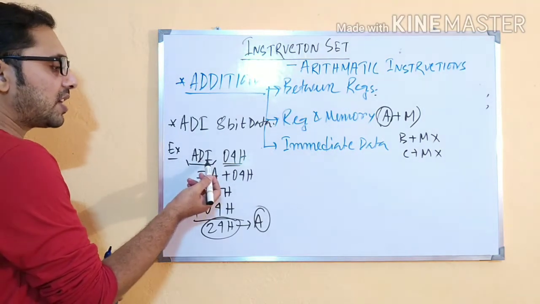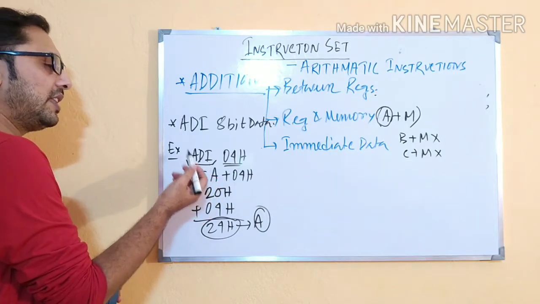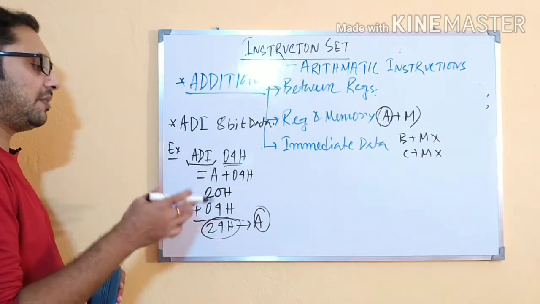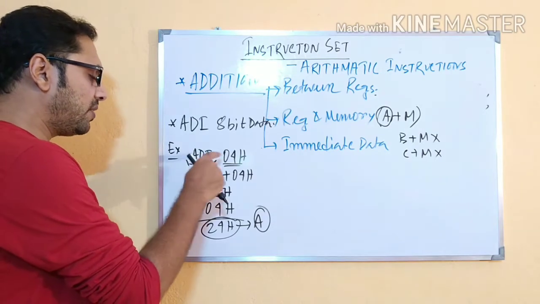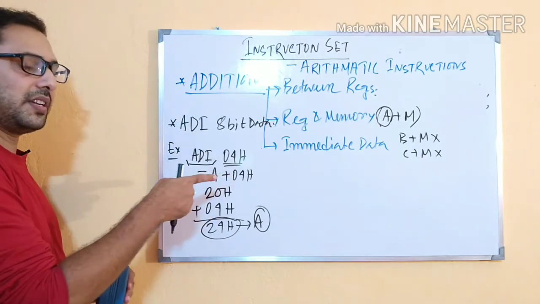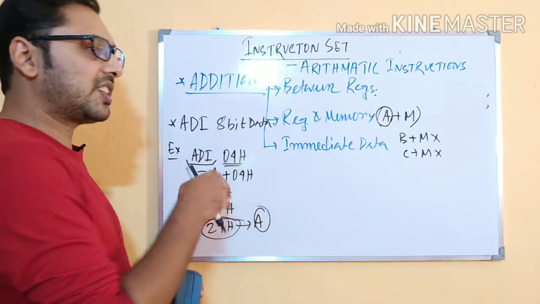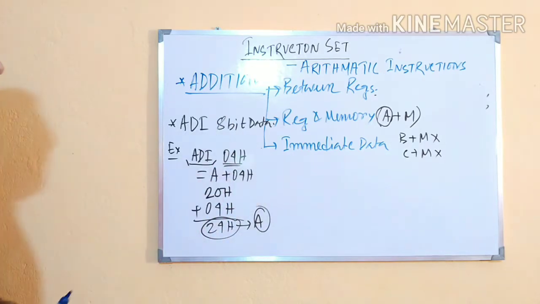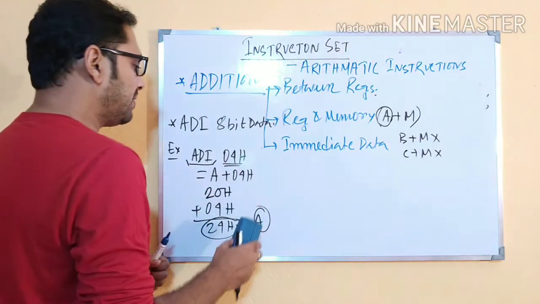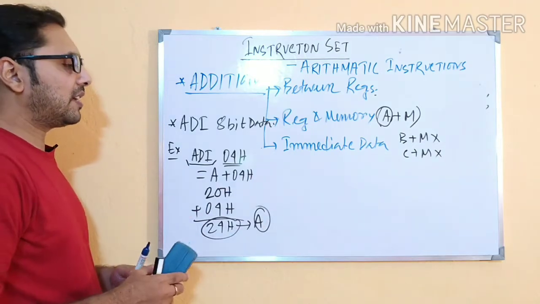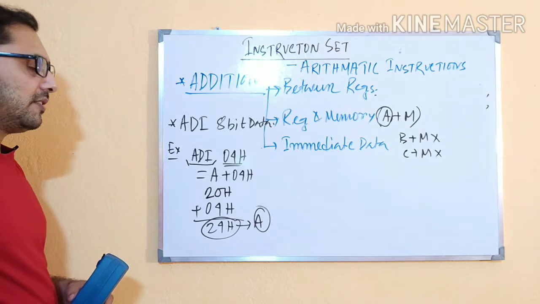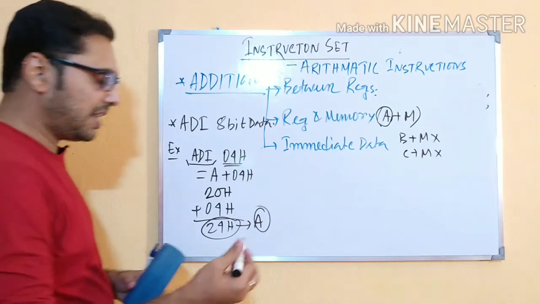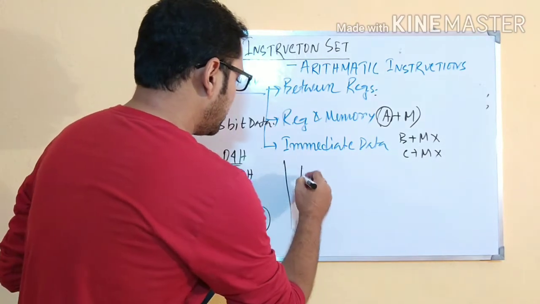If I is the starting letter of any opcode, then it does not represent immediate data, but anywhere else, if we get an I, it represents immediate data. I have already explained this topic and am repeating it once again. So that's all about addition. We have another special instruction for addition that we can mention here, that is DAD.